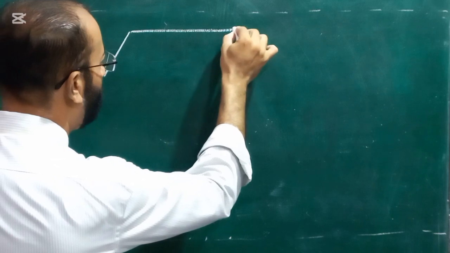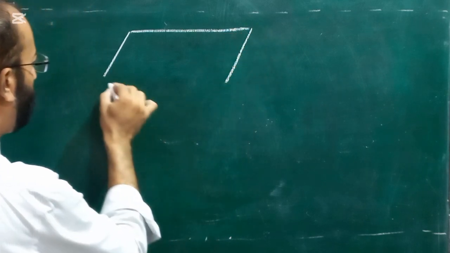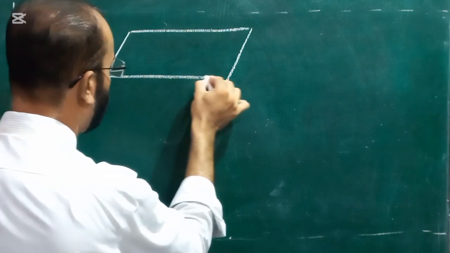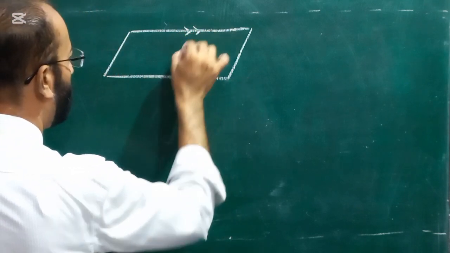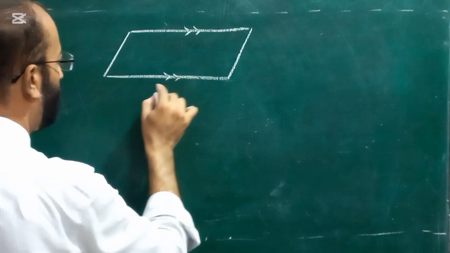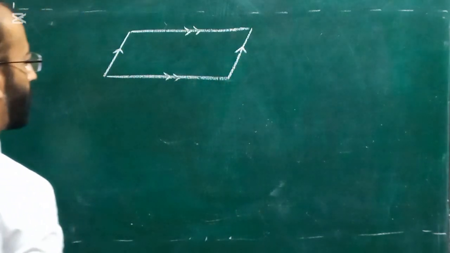A parallelogram is a quadrilateral with two sets of parallel lines. So here is a set of parallel lines and here is the second set of parallel lines.